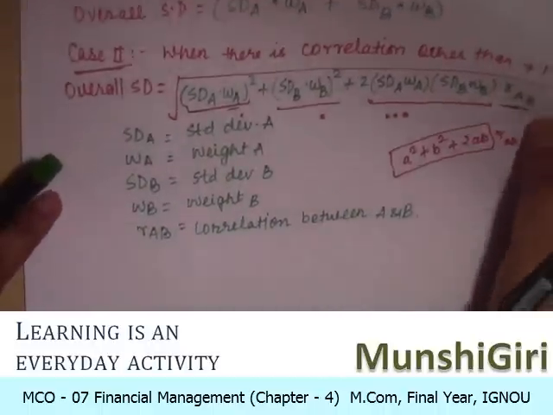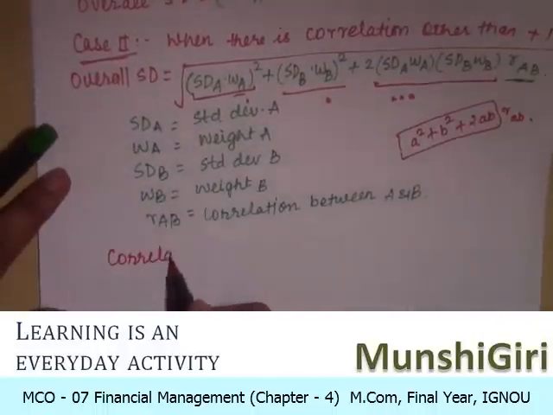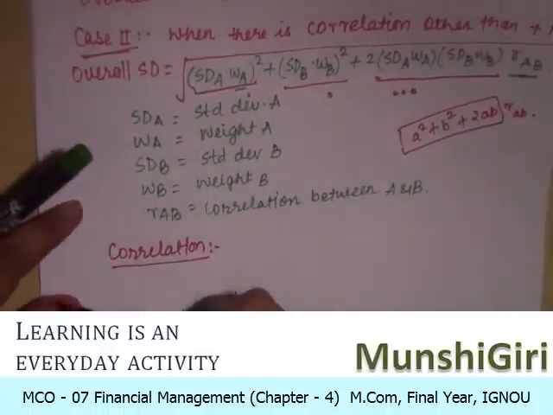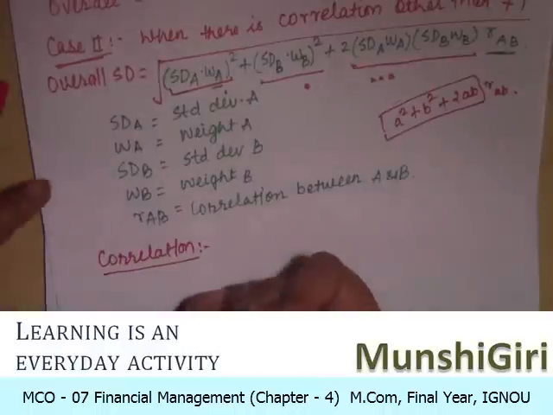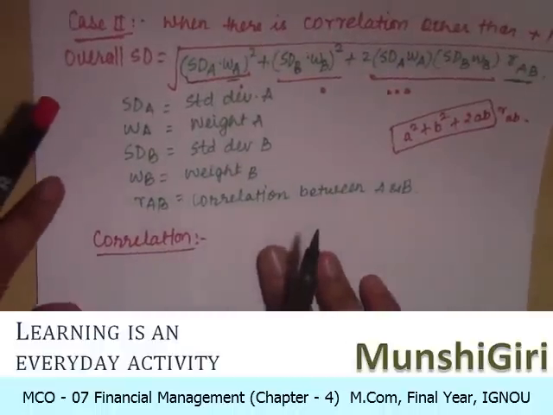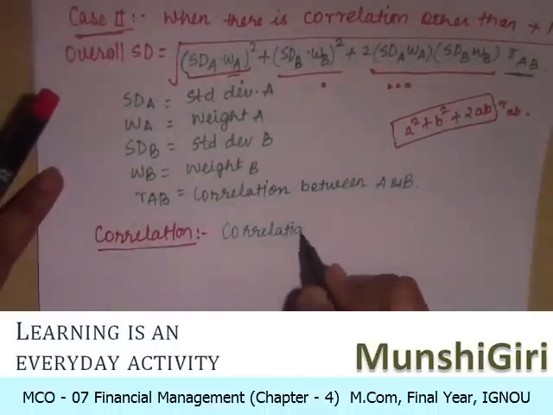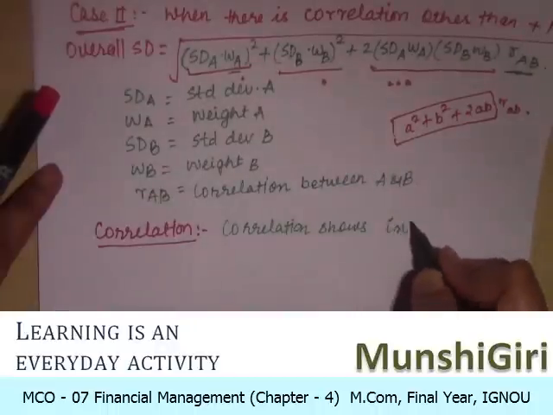Now coming to correlation. Correlation shows the interrelation of return between two securities. Correlation ranges between -1 to +1.